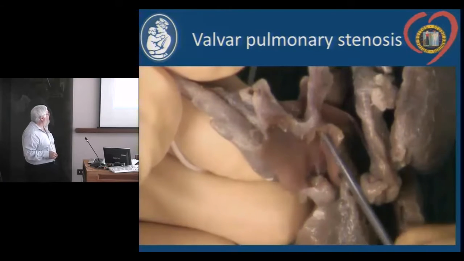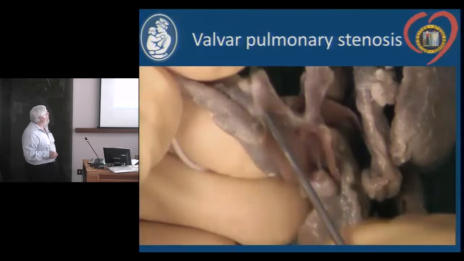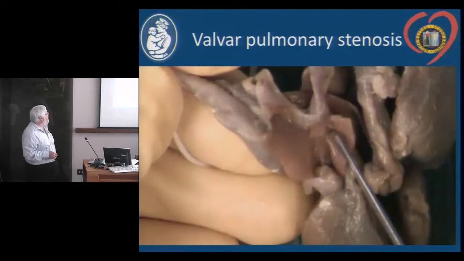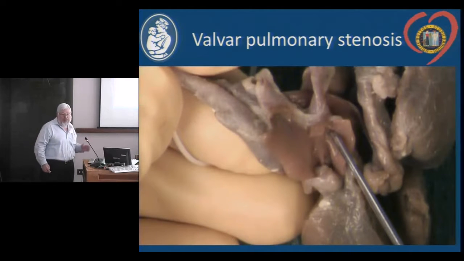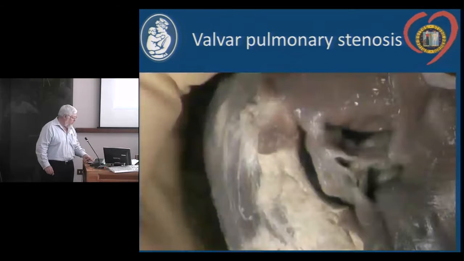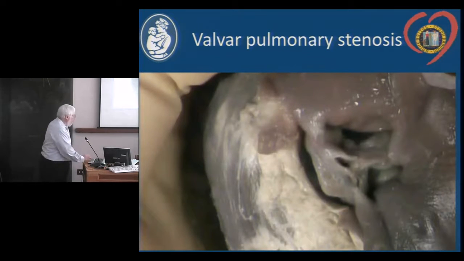Here we see the main pulmonary artery above with the left and the right pulmonary arteries there. So the pulmonary arteries in this tend to be relatively normal size, maybe mildly hypoplastic, but usually pretty normal in size.